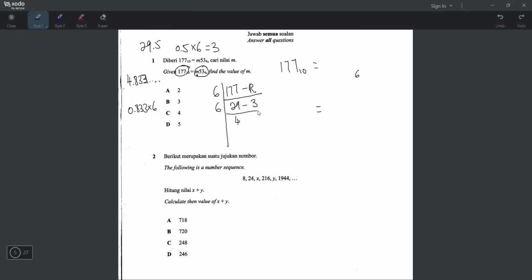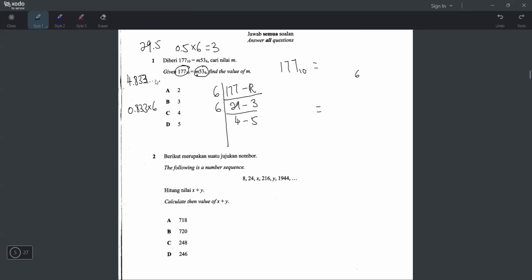So let's press the calculator, 0.833. You can press more threes if you want, but I'm just going to press 0.833 times 6. My calculator gives me 4.998. That means the remainder is 5. The reason why they gave us 4.998 is because you only pressed 0.833.